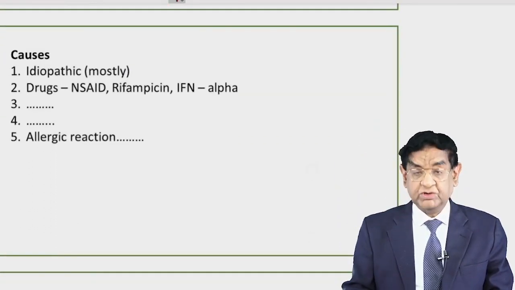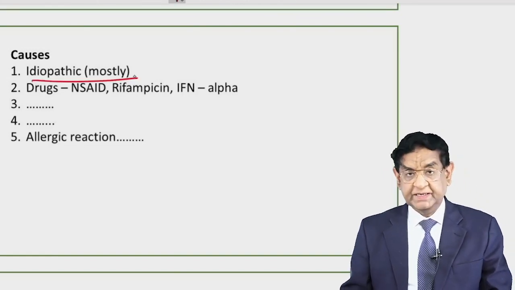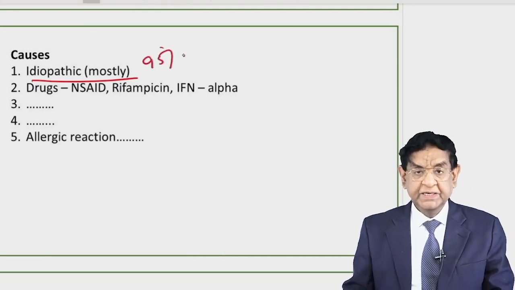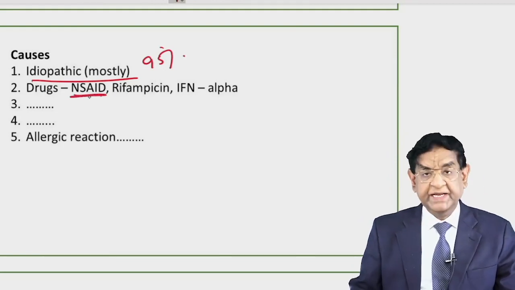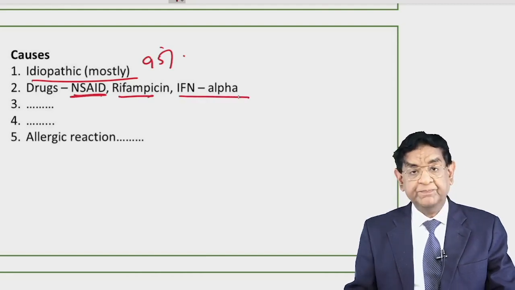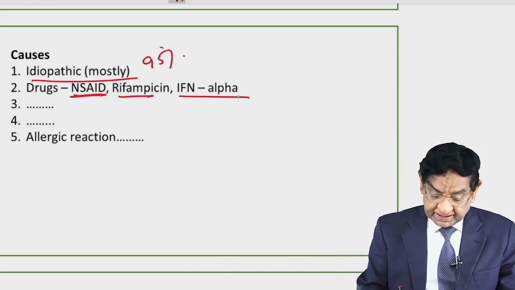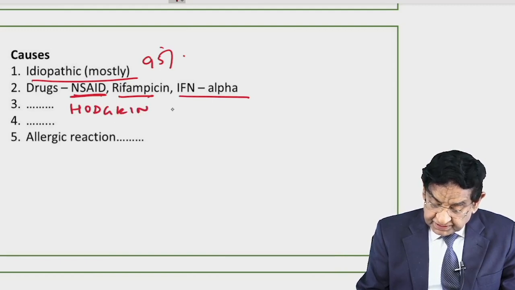Now let us see what the causes of minimal change are. Majority of the time, this is idiopathic, 90 to 95% of cases. But uncommonly, it can be caused by certain drugs like non-steroidal anti-inflammatory drugs, rifampicin, interferon alpha. But a classical USMLE question: it may occur in Hodgkin lymphoma or Hodgkin disease.